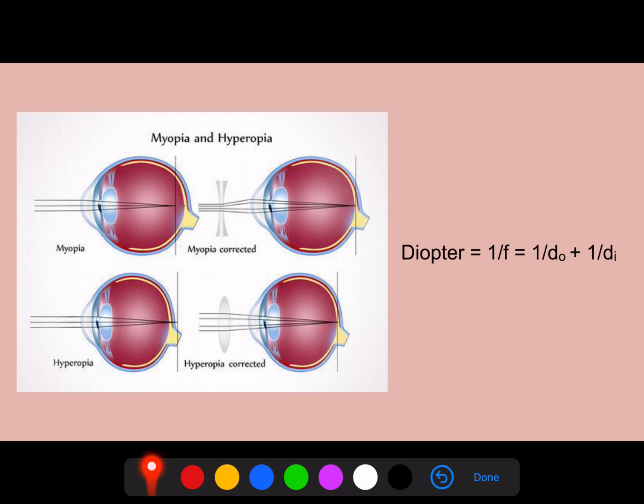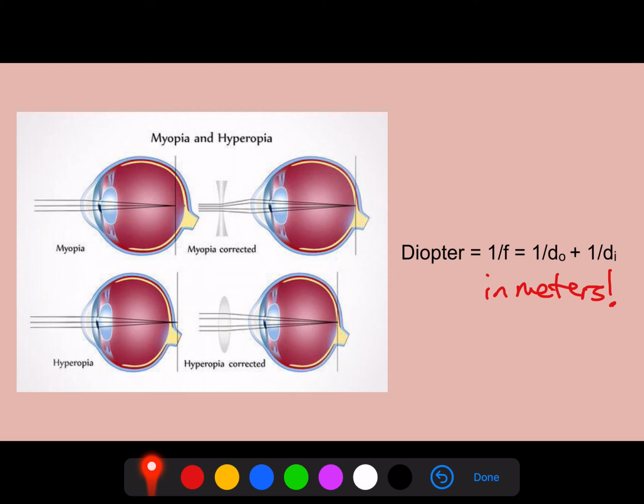So we can actually quantify what a corrective lens needs to do based on the thin lens equation. So here's your thin lens equation, and it turns out that as long as I keep this in meters rather than centimeters, here's where the unit actually matters, then 1 over the focal length will be the familiar diopter that you would use for your eyeglasses or other corrective lenses.